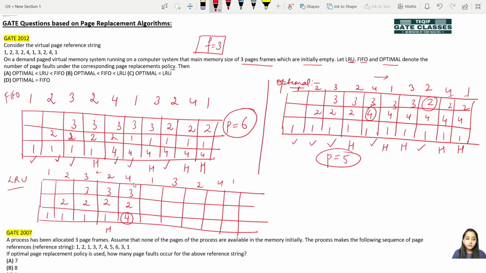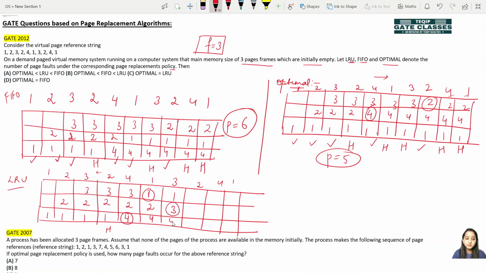Then 1 arrives. 4 is there, 2 is there, 3 is far away, so I will replace 3 by 1. Now 3 arrives. 1 is used here, 4 is used here, 2 is far away, so I will replace 2 by 3.